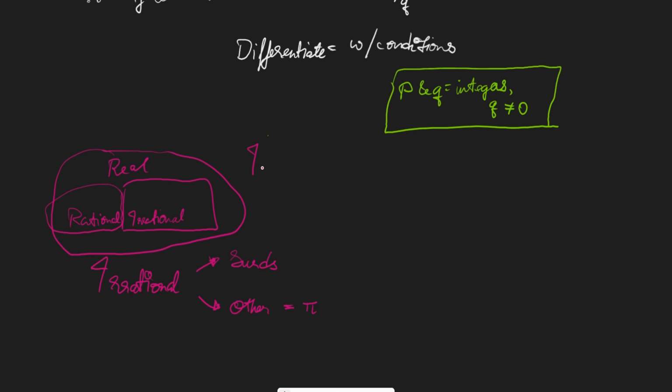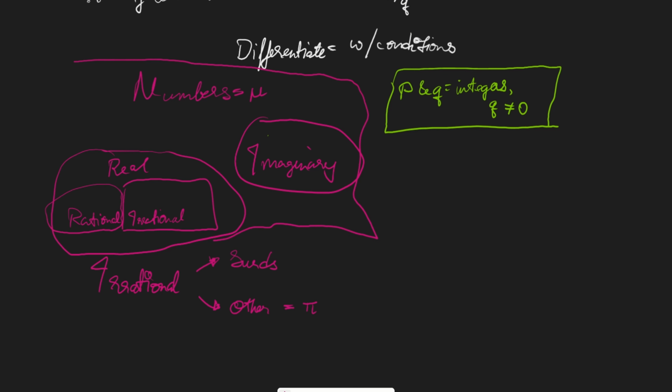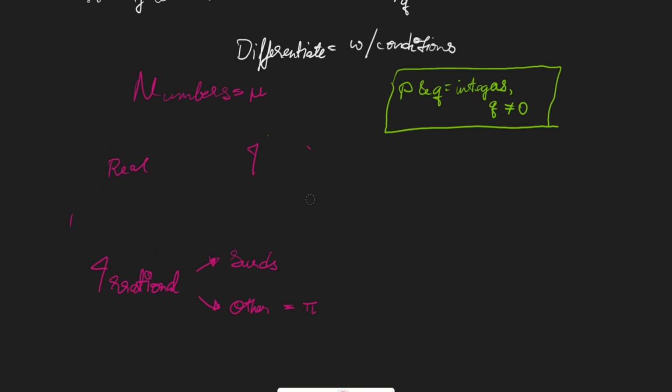And then you have imaginary numbers, and all of these come under the broader numbers, which is the universal set. This is our whole set. This is how it's divided. And then rational numbers can be divided into negative numbers, positive numbers, integers, etc.